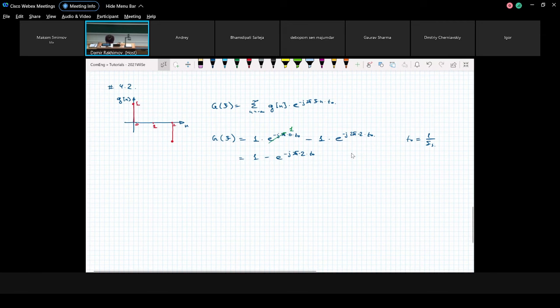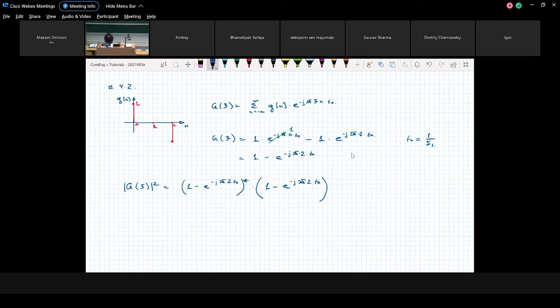And then we need to find the absolute value squared of this transfer function. We have to find 1 minus exponential function minus j 2 pi f t0, as it is.